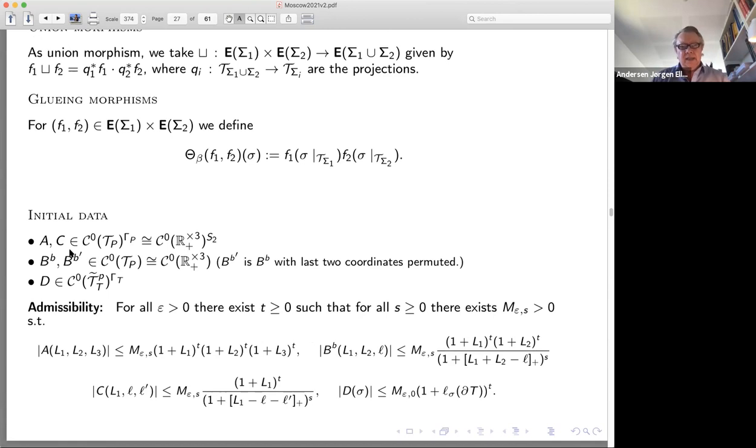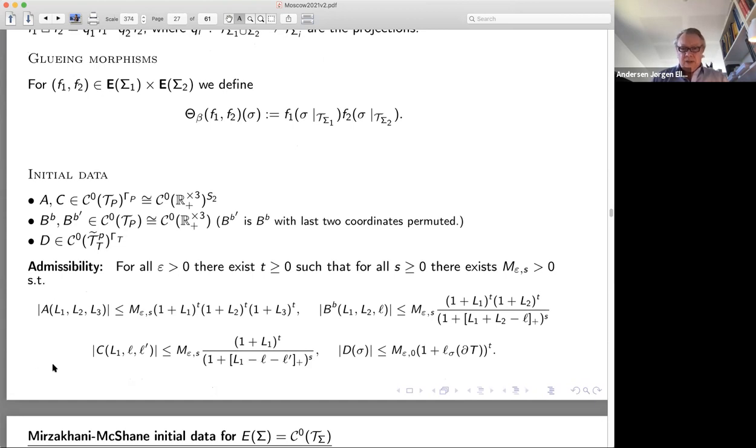Now the initial data I have to specify is simply two continuous, mapping class group invariant functions for the Teichmüller space of a pair of pants. I have to specify the recursion kernel B, and of course I have to specify D on a one-hole torus. The precise admissibility condition, the growth I can allow for these functions, is described here. It says that for all epsilon bigger than 0 there exists a t bigger than 0, such that for all s bigger than 0, there exist constants depending on epsilon and s such that these inequalities hold.